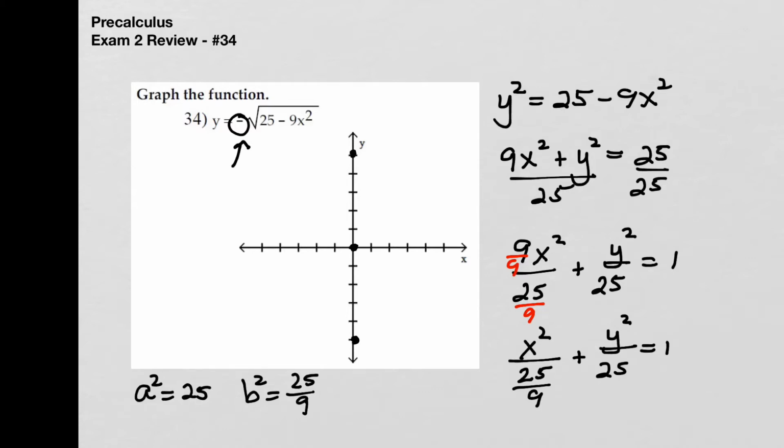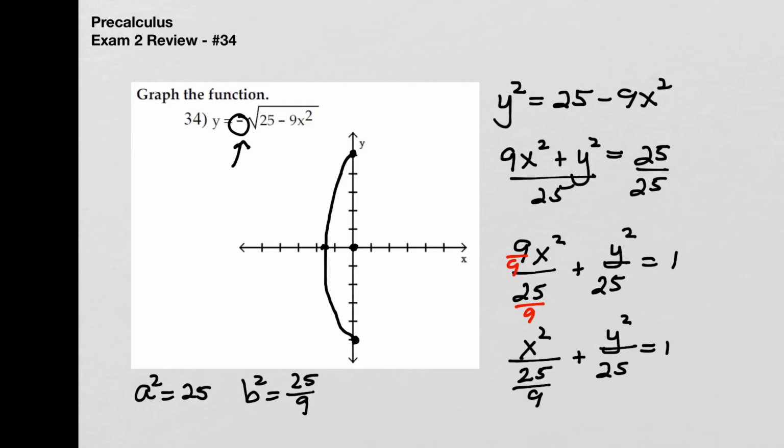So 5/3, that's almost 2. And there we go. So I've got points at almost -2 and almost +2. So we can see this is not a very wide ellipse. And there we go. And that's the sketch. And I really didn't need this second point over here because we're only drawing the left-hand side.